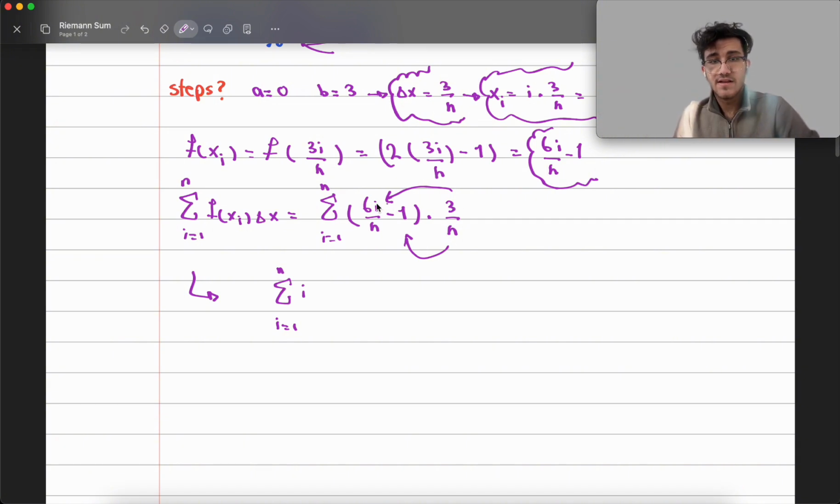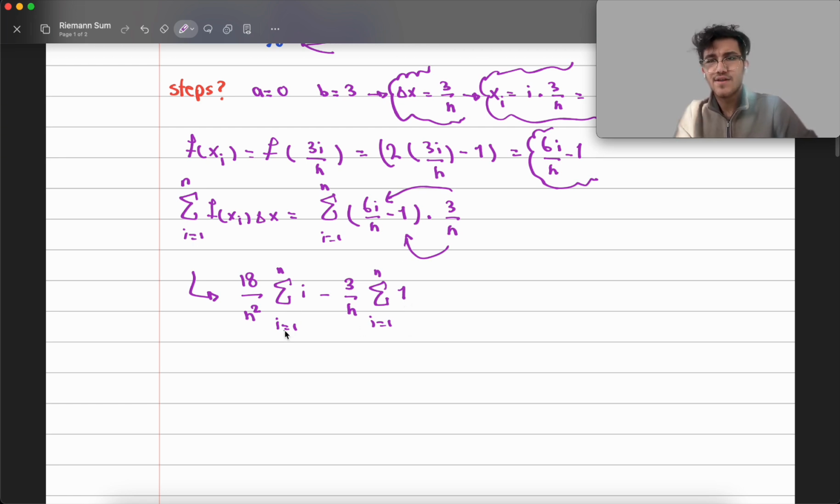So I have 3 over n times 6 over n, that will give me 18 over n squared, minus 3 over n times 1, that's going to give me 3 over n. And I don't have anything in terms of i. So basically it's going to be 3 over n, sigma notation of 1. This is what it is.